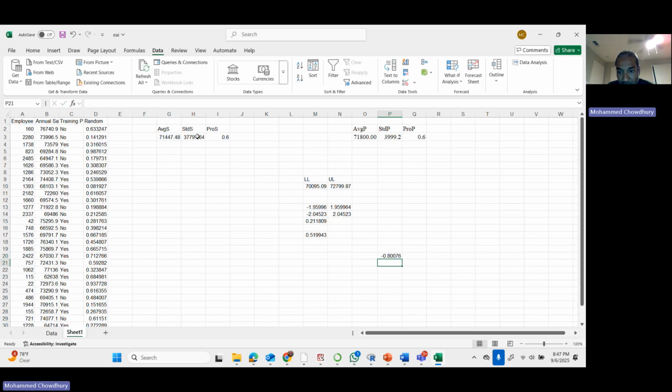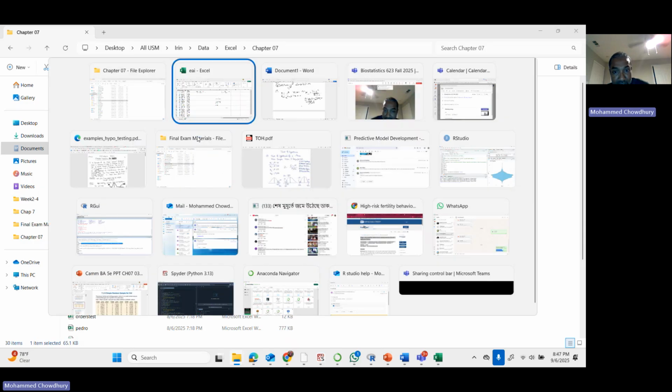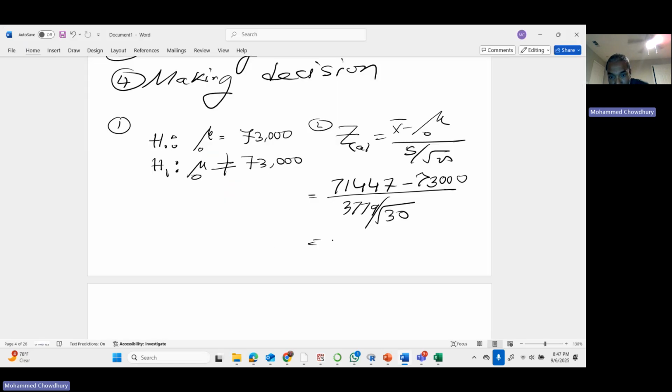And then we got negative 0.80. Whether it is positive or negative doesn't matter, make it always positive. So the Z calculated value is 0.80.